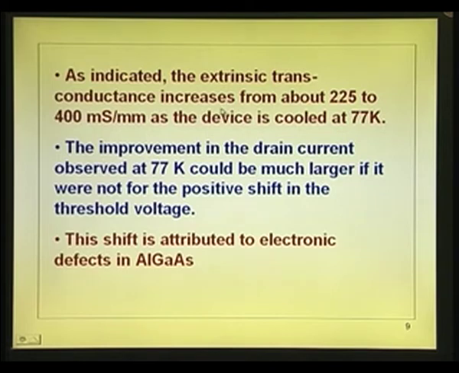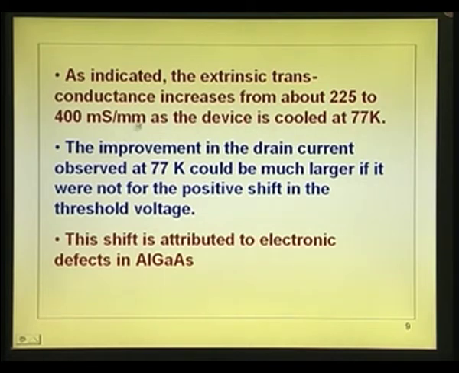The extrinsic transconductance at 77 degrees Kelvin is about 400 millisiemens per millimeter, where per millimeter implies a channel width of 1 millimeter. Millisiemens is milliamperes per volt. At room temperature it is 225 millisiemens per millimeter. So, it is a tremendous benefit, which tells you that the cutoff frequency will be much higher.